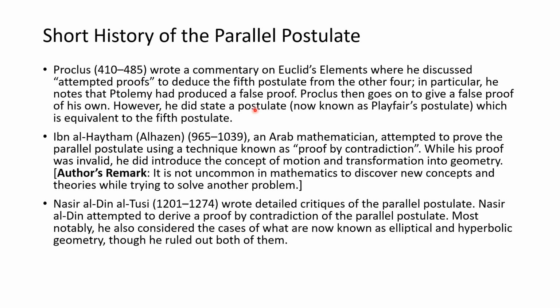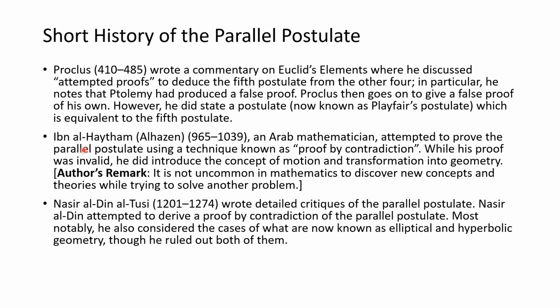history here. Proclus goes on to give his own false proof, which turned out to be Playfair's postulate, which was later named as Playfair's postulate. So something good came out of his erroneous attempt to prove the fifth postulate.